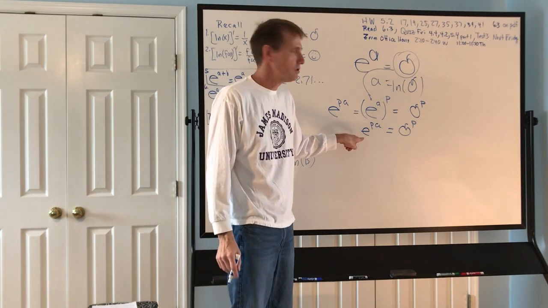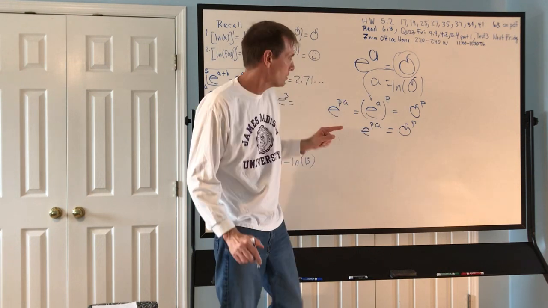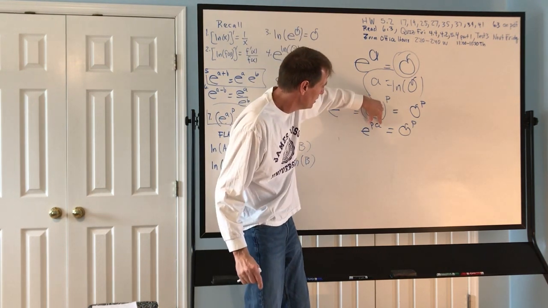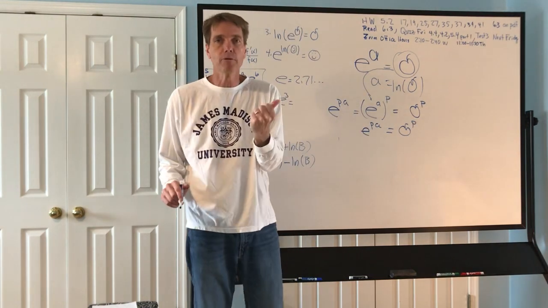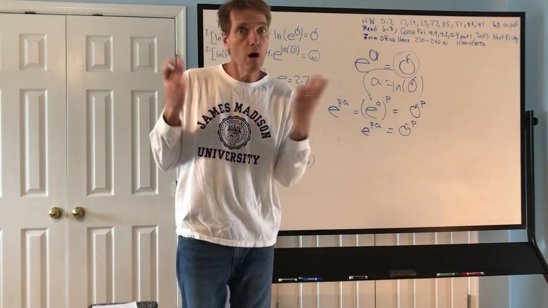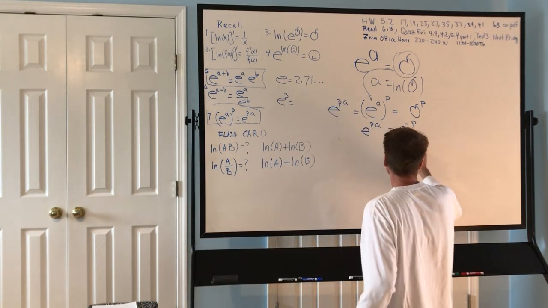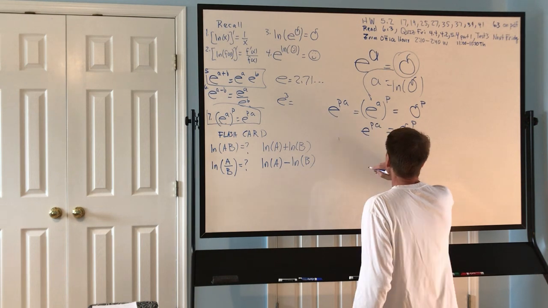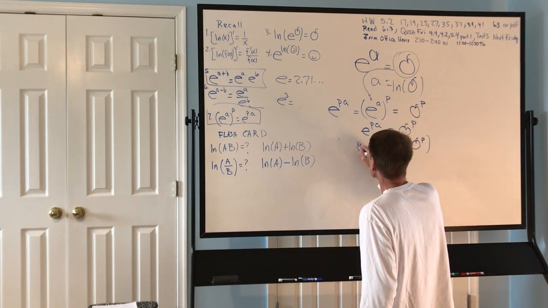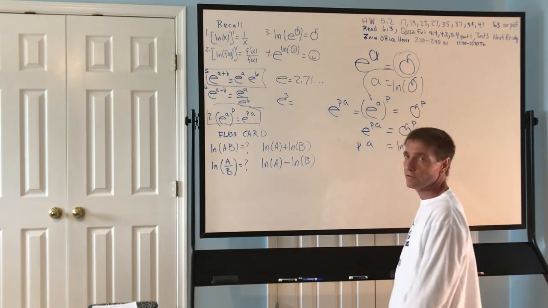E, as the exponential function, sends this number to that number. One more time, Dr. Warren. E sends this number, P times A, to this number, Apple times P. Well, natural log undoes this. So natural log would send Apple to the P back to P times A, because it's undoing what the exponential function does.